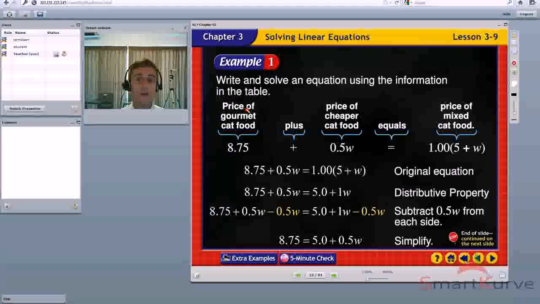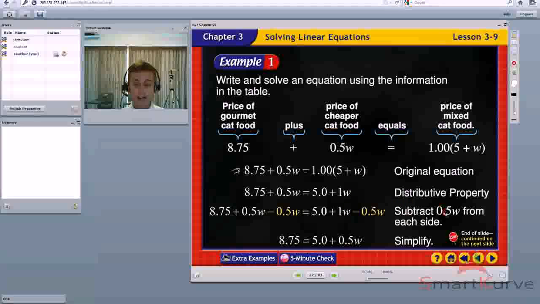Write and solve an equation using the numbers in the table. Price of gourmet cat food, $8.75, plus the price of cheaper cat food, 0.5 W, equals $1 times 5 plus W, the price of mixed cat food. That gives us this original equation, 8.75 plus 0.5 W equals 1 times 5 plus W. That's the distributive property.